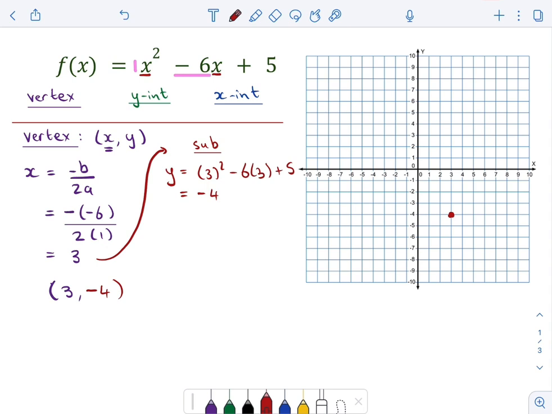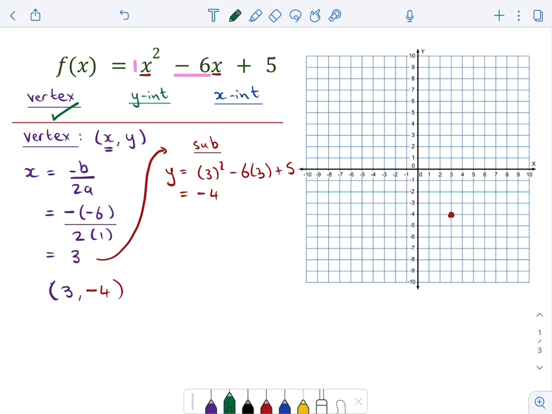That is my vertex. The next one we need to do, now that I have my vertex, is to find the y-intercept. I am looking for the y-intercept, so that is the y value anywhere along this line. And if I look at the x value along that line, the x value will always be 0, no matter where I am on that line.